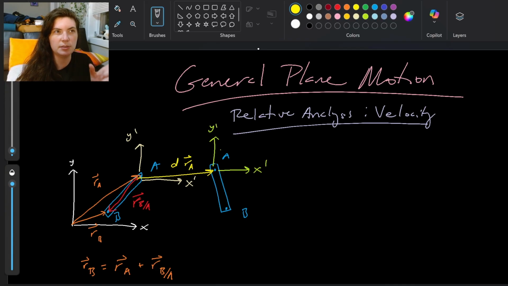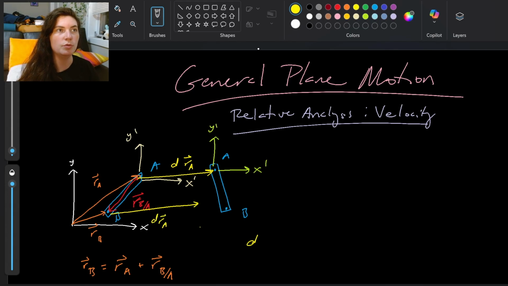This displacement, what's the delta in A? How has the position of A moved relative to its original position? How has this moved relative to its initial position? We've got delta RA, and that's actually the exact same for top and bottom here.